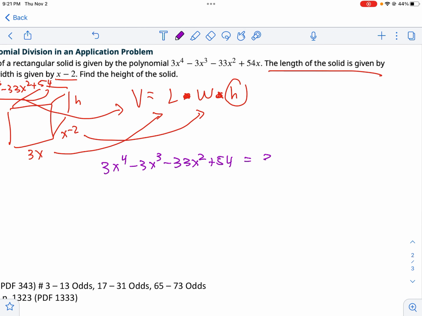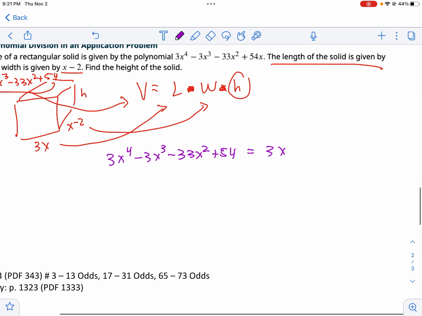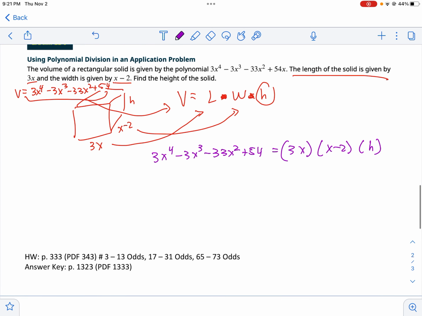This is equal to 3x times x minus 2 times h. There's an x with that one.